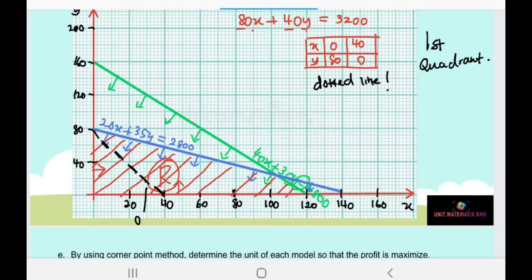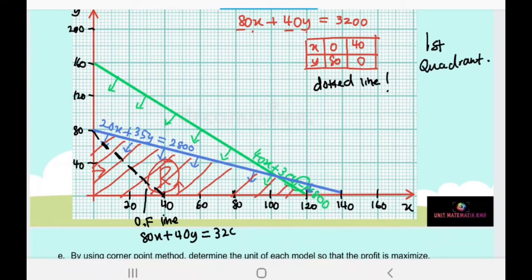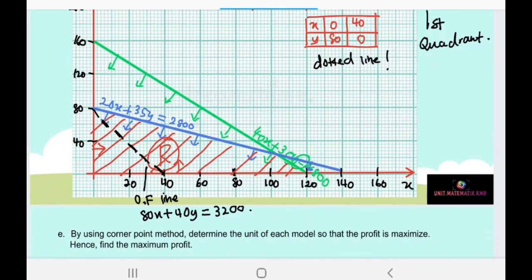So this is the objective function line, which is equal to 80x plus 40y equals 3200. Okay, and this is compulsory for all the linear programming questions.